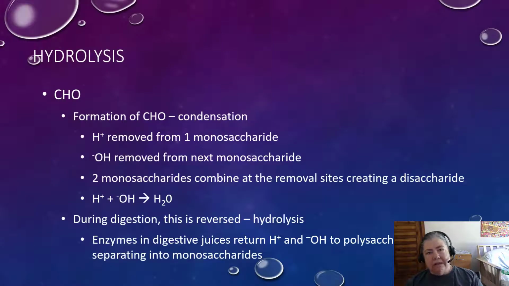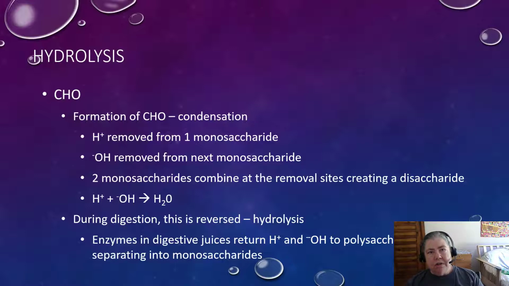Carbohydrate is ingested primarily as starches that have been created in nature by a chemical process called condensation, where a hydrogen ion is removed from a monosaccharide, a hydroxyl ion is removed from another monosaccharide, and they combine, forming disaccharides and chains of longer carbohydrate.